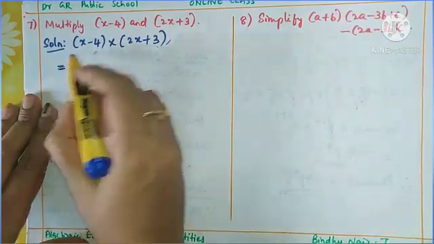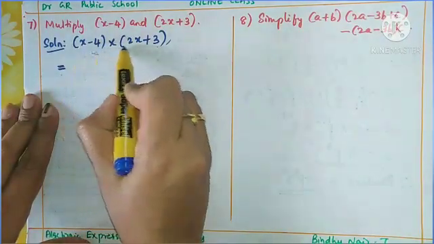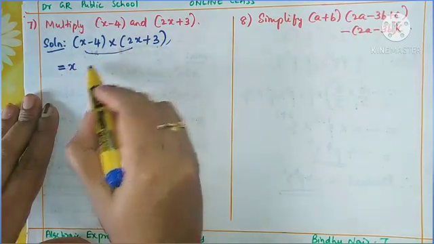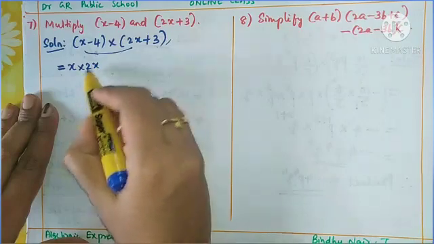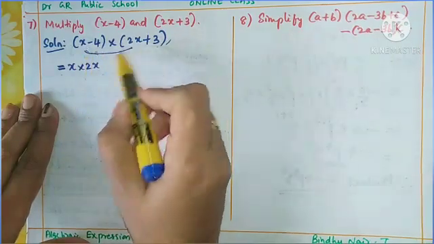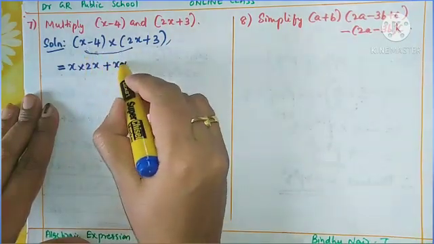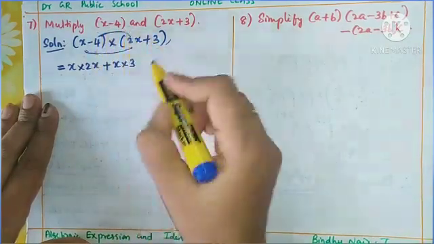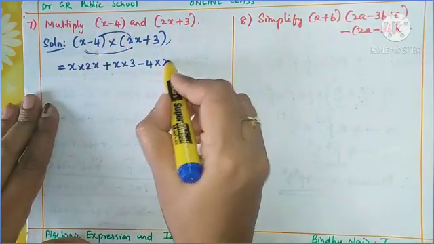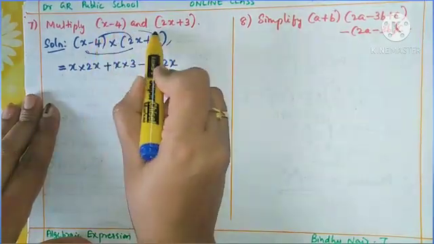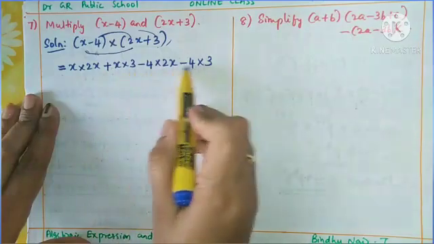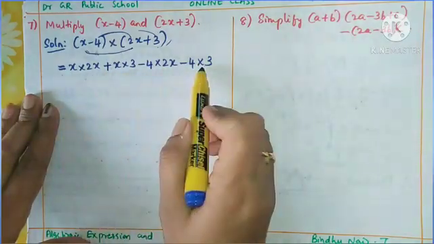So first we can multiply x with the second bracket. So x into 2x. Okay, then x into 3. Right? Now minus 4 into 2x. Then minus 4 into 3. Yes? So this is the way to multiply. So do this very carefully.